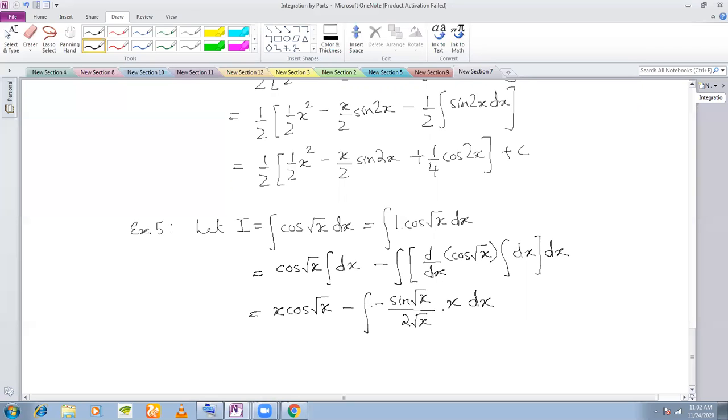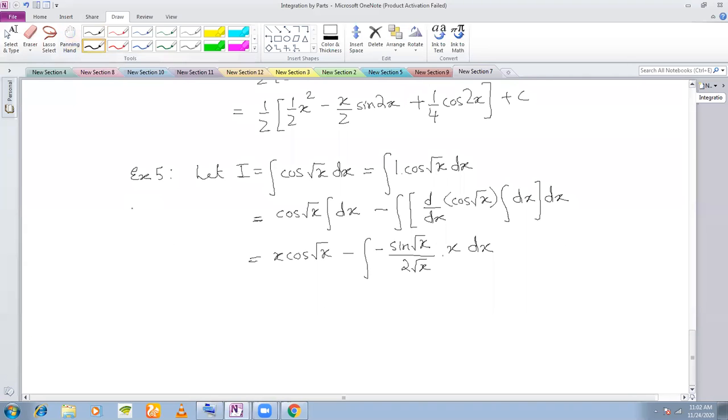Okay, so that is something that you can do here. In the next step, x cos root x minus, now what you can do here is this minus and minus will become plus, and you can take half out of the integration, and you will write sine root x divided by root x, and you can write x as root x into root x dx.